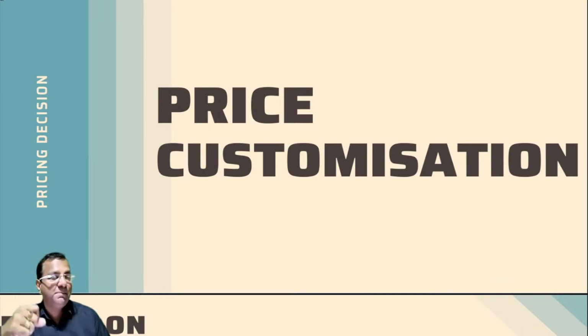Sir, what do you mean by price discrimination? First, communicate to us. Okay. So price discrimination means charging different price for the same product to different customers. Can you please repeat with me, beta? Charging different price for the same product to the different customer is known as price discrimination.